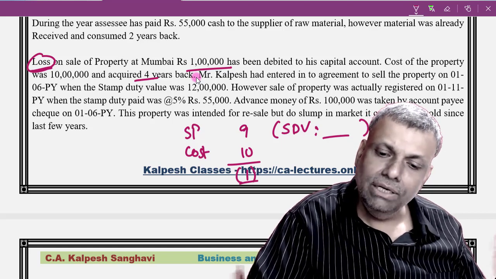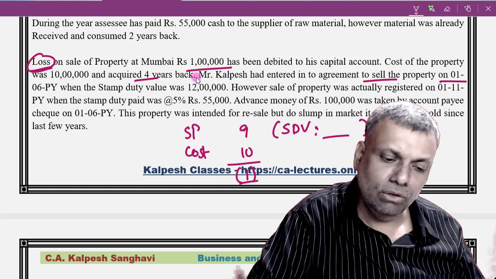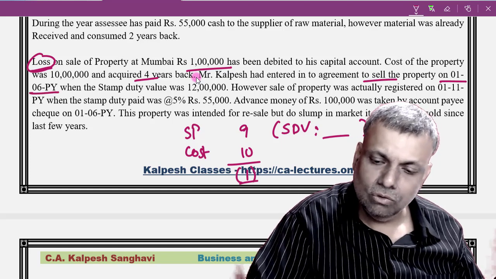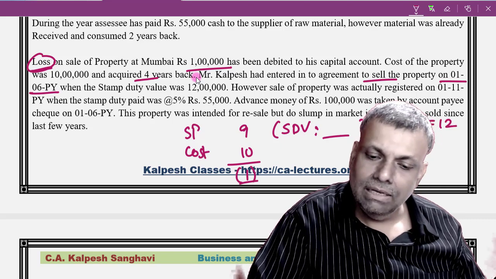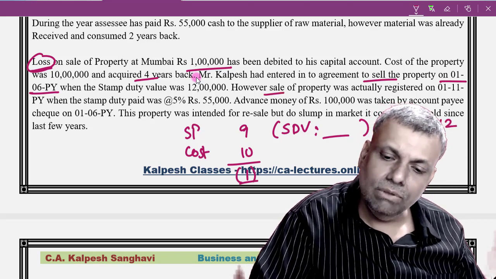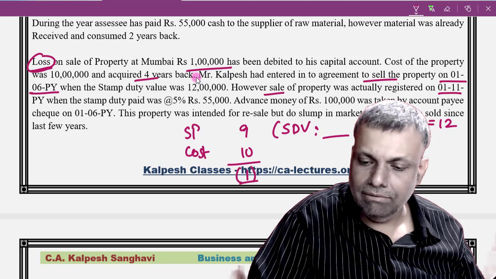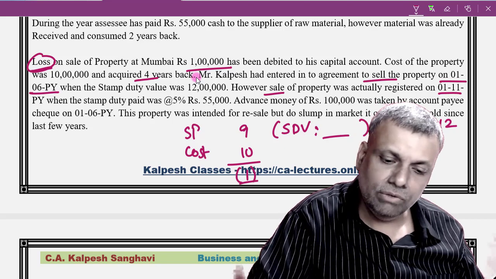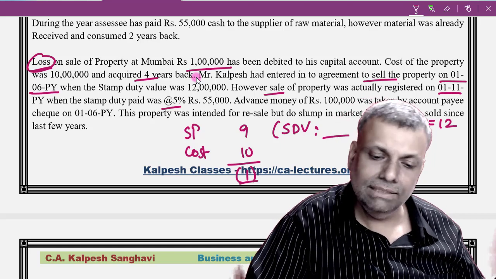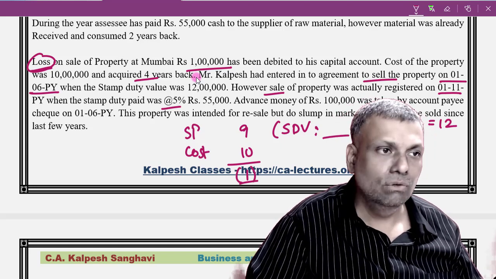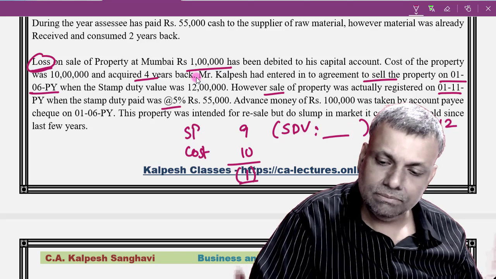Now, entered into an agreement to sell property on 1/6. So on 1/6 of the previous year when the value is 12 lakhs, and sale of the property was actually registered on 1/11. On the date of registration, it was at the rate of 55,000, sorry. So it was going to be 11 lakhs.